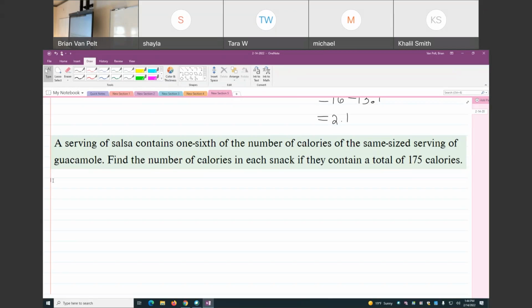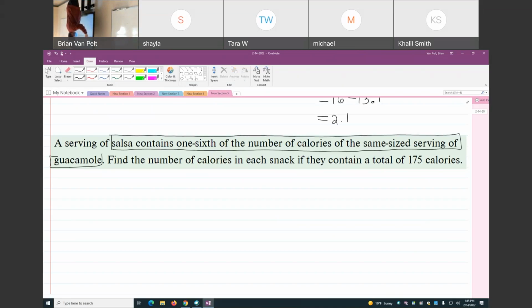Anybody think they got it? That one says that S equals 1/6.